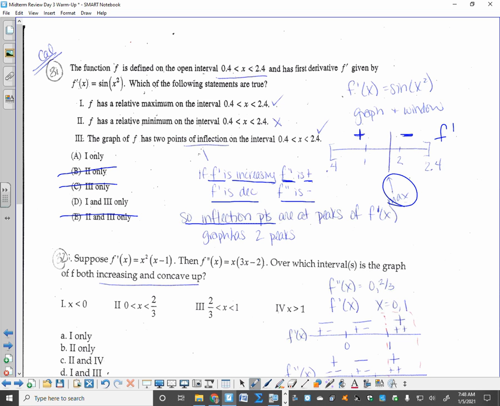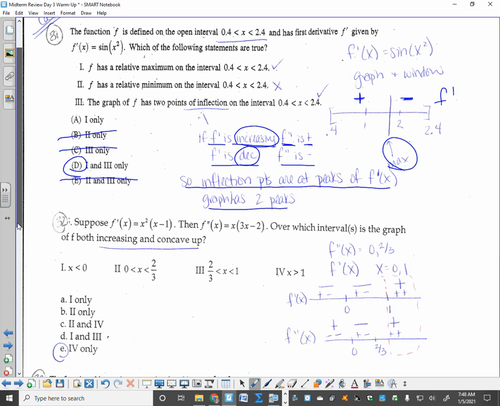So inflection points are at all peaks of f prime, where it changes from increasing to decreasing. And this graph has 2 peaks, if you look at the graph. So that is true. It does have 2 points of inflection. So again, you need to make sure that you're pausing the video and graphing this and checking the intervals.